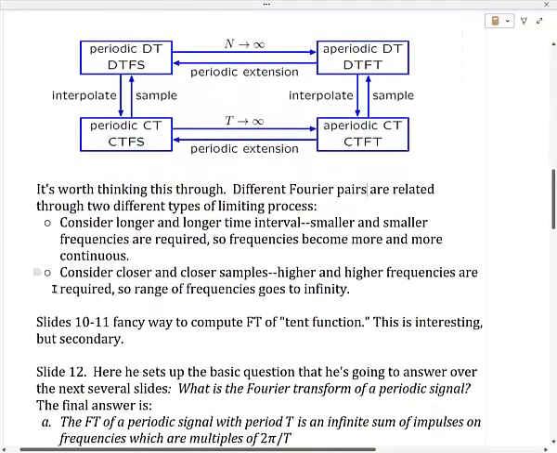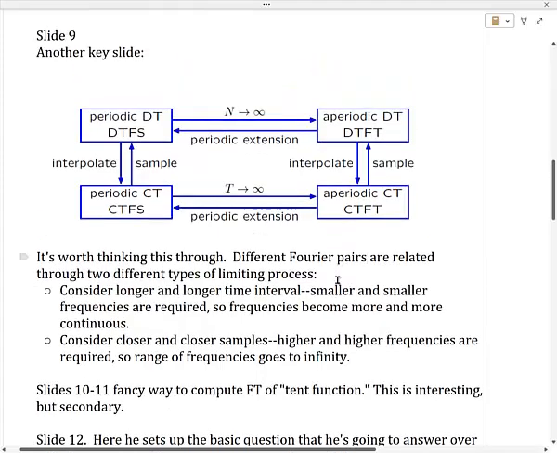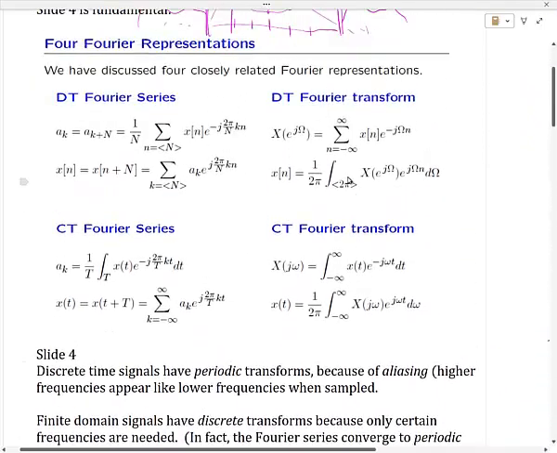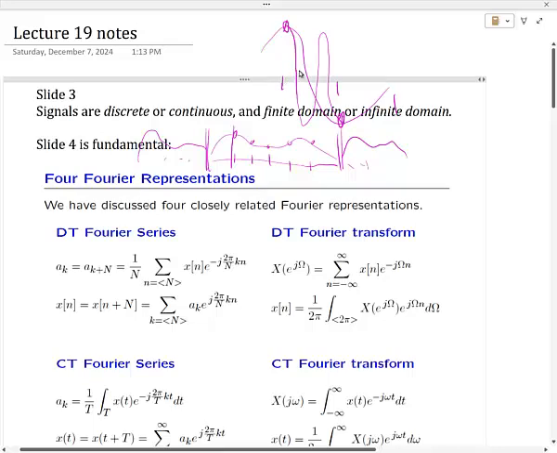The other type of limiting process is the samples become closer and closer. If you have discrete samples getting closer, that's this n goes to infinity. You have samples that are closer and closer, so you need higher and higher frequencies, because if you think about the aliasing, I showed that picture here, not a very good picture, but this curve and this curve have the same samples.